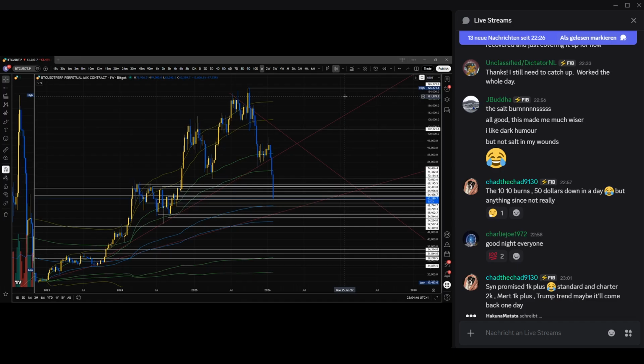And what do you know? It was the dead cat bounce of the dead cat bounces, and the ultimate high of this macro lower high, given the fact that Solana went to 295 before and then only went to 253. So yeah.